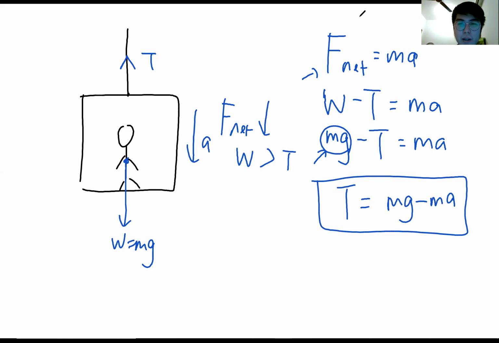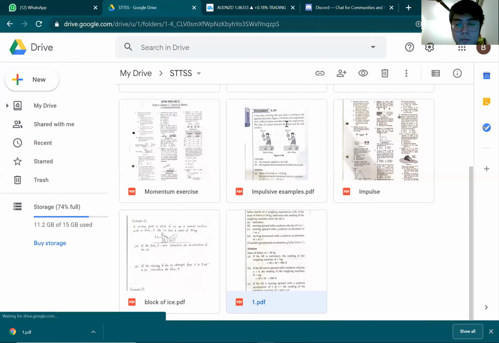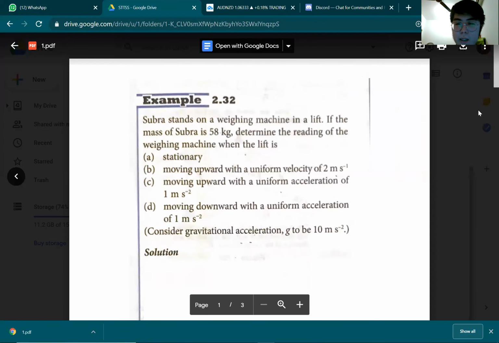Now let's look at a few examples. We take a look at one example so that it's clearer for you. Okay, now let me pull this up.